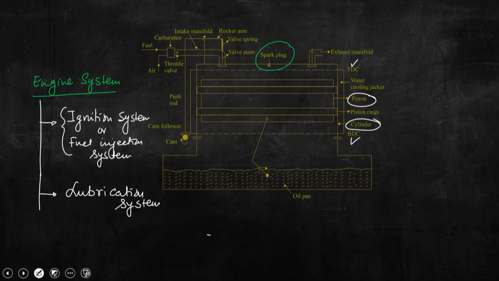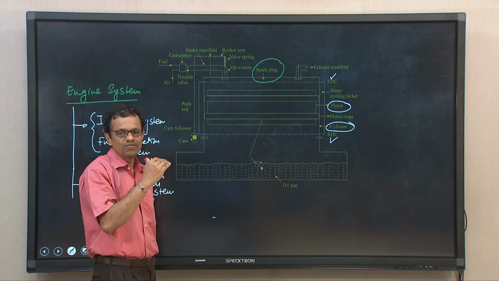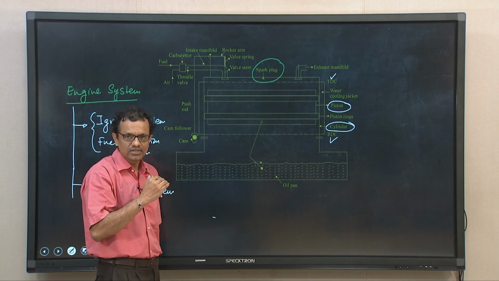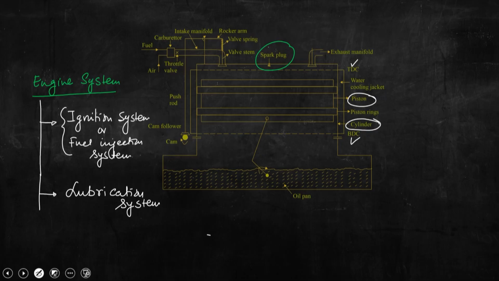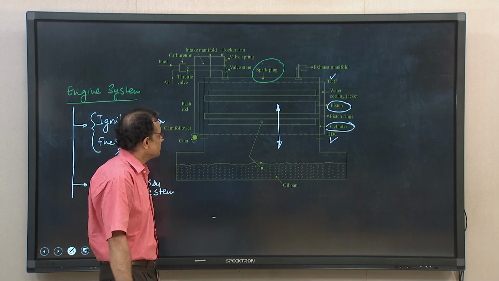So, the piston will be inside the engine cylinder, having continuous reciprocating motion between these two locations, and that reciprocating motion would be converted using another mechanical subsystem into rotary motion, and using that rotary motion the wheel will rotate and we can travel a distance.